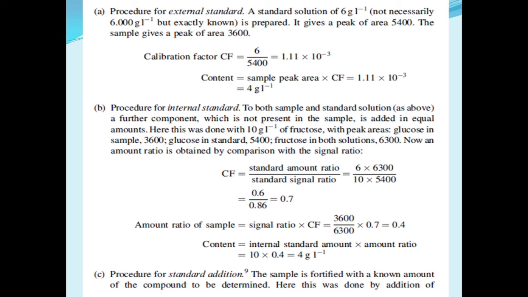The peak areas are: glucose in the sample 3600, glucose in the standard 5400, fructose in both solutions 6300. Now an amount ratio is obtained by comparison with the signal ratio.